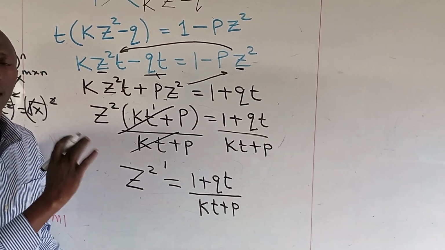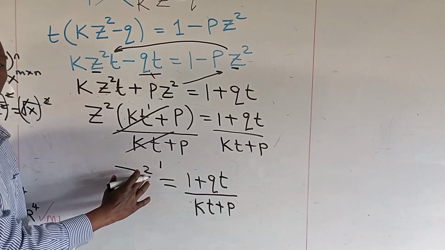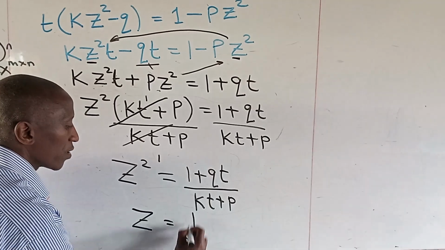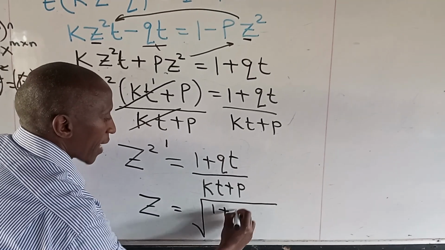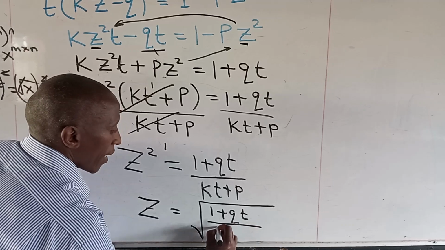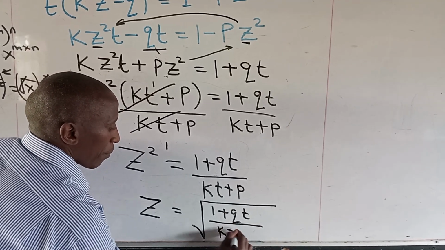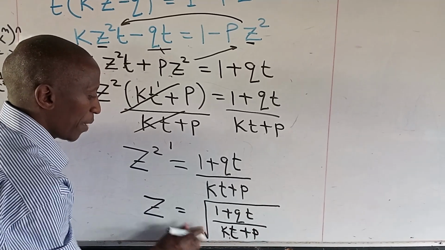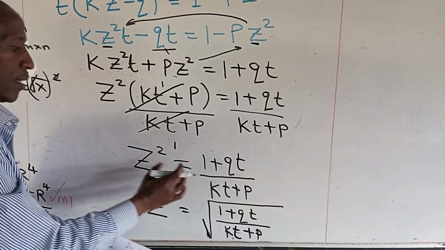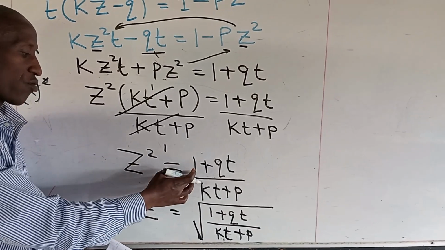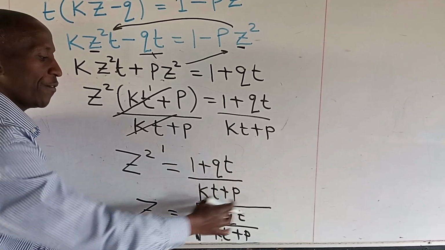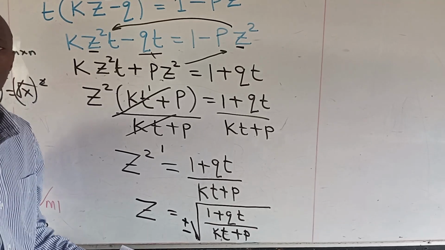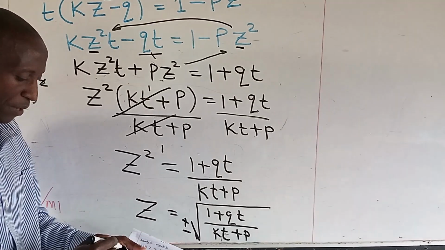We are asked to get Z. So we need to take square roots on both sides to get Z as the square root of 1 plus QT all over KT plus P. But remember, this being a square root of a positive number or a positive item here should give us either a positive or a negative result. So this is very important that we remember on that one.